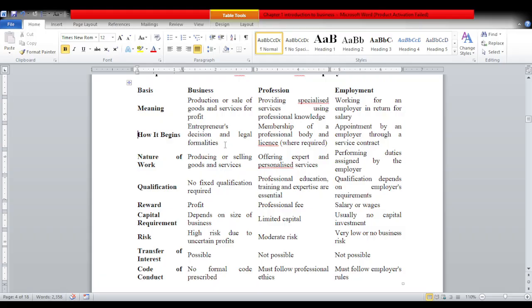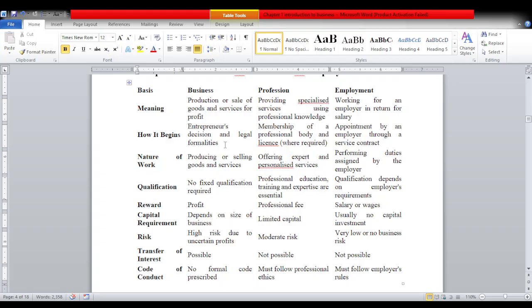Now we are moving on to employment. Qualification depends on the employer's requirement. When you apply for a particular job, the job description will help you. You should have this kind of qualification with you. You should be an MBA, a BBA, an MCom, a PhD. You should have knowledge about AI. You should be AI certified.